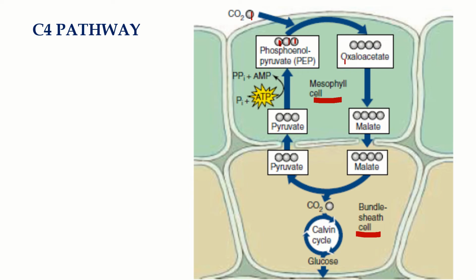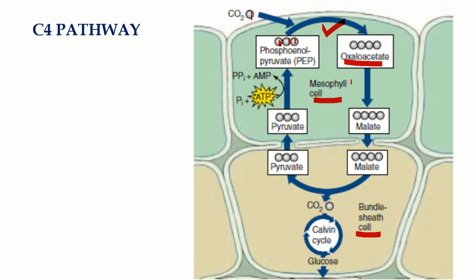The name of the 4 carbon compound is oxaloacetate. Where is it taking place? In the mesophyll cell. And what's the name of the enzyme? Phosphoenol pyruvate carboxylase. PEP carboxylase is the name of the enzyme responsible for carboxylation.